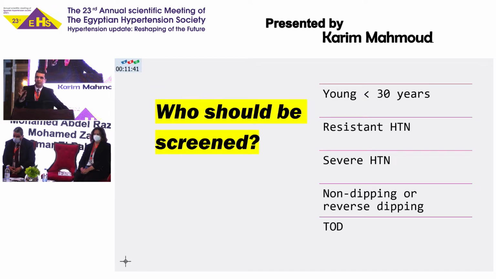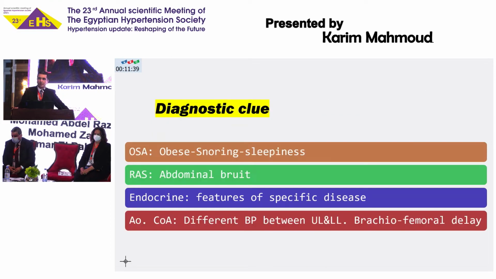Again, we should identify which patient to be screened, in addition to some diagnostic clues such as obesity, snoring, and sleepiness in the patient with obstructive sleep apnea, abdominal bruit in the patient with renal artery stenosis, the specific features of different endocrine causes, and in cases of aortic coarctation, different blood pressure measurements between the upper and lower limb, in addition to the brachiofemoral delay, can be a clue for aortic coarctation.